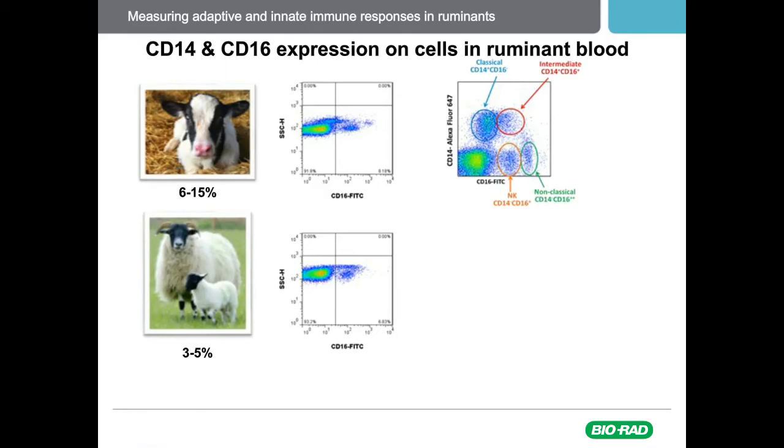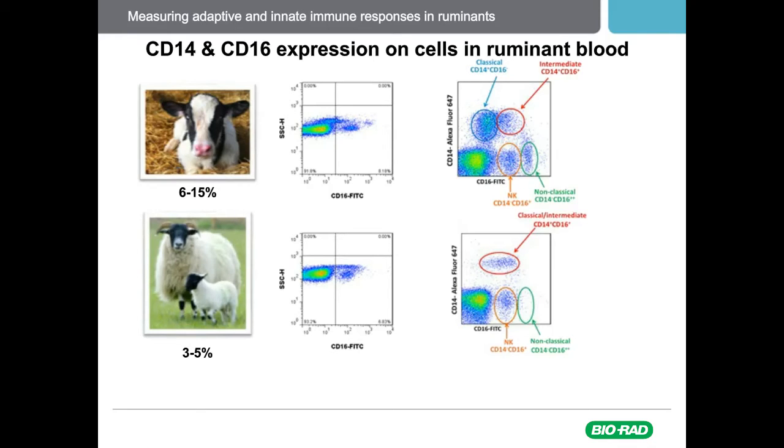We then have the non-classical, which are CD14 negative, but CD16 high. And then there is a population which are CD14 negative, CD16 low. I'm not showing the data here, but we know that those cells are NK cells because they express NKp46.